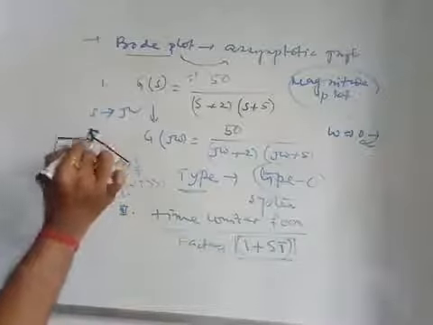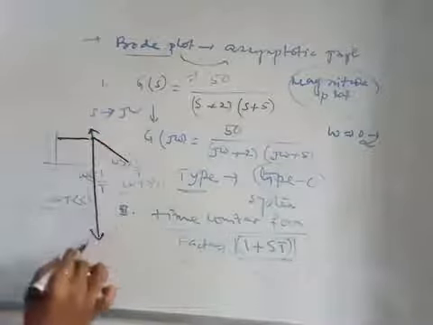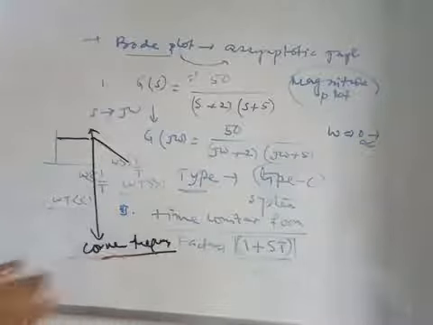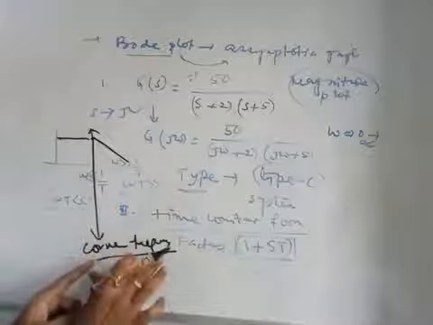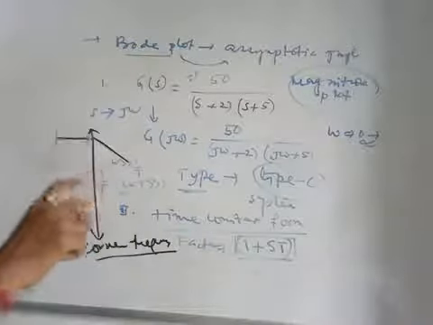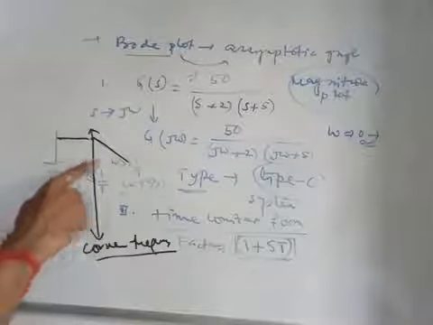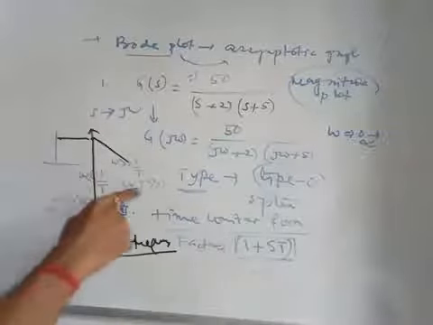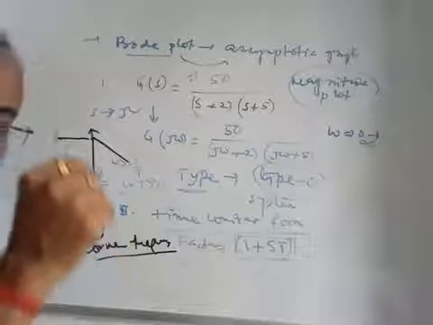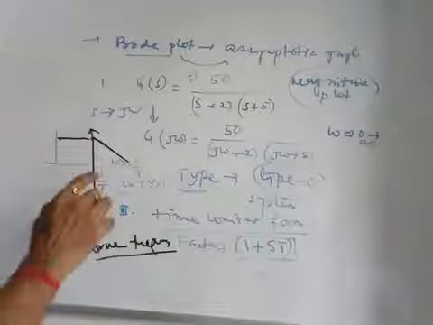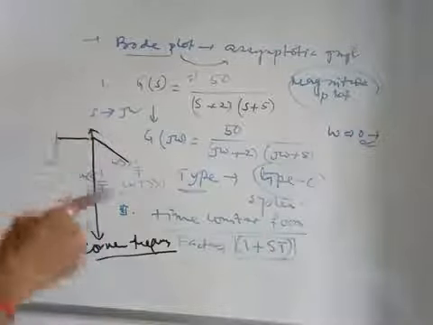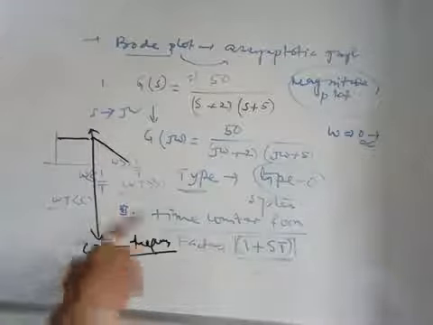This is known as the corner frequency, and this is very important. We have considered two ranges of frequency: omega much less than 1 by T, and omega much greater than 1 by T. So 1 by T is the frequency known as the corner frequency, the frequency where these two curves meet.